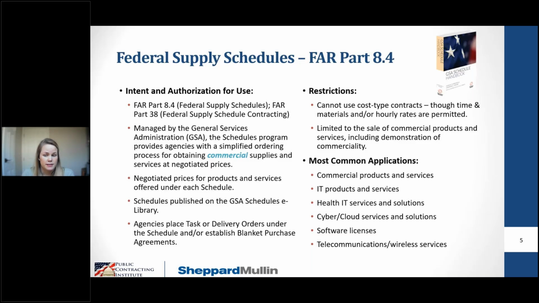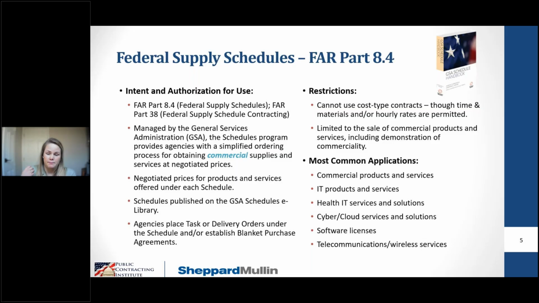How it works is GSA negotiates these contract terms and conditions with contractors under a particular schedule, including things like price, establishing a discount structure, and price protection for the government as well. These schedules are published on the GSA eLibrary, where authorized purchasers can issue task or delivery orders and establish blanket purchase agreements with the schedule holders in order to order products and supplies, all without having to go through competition for each purchase.